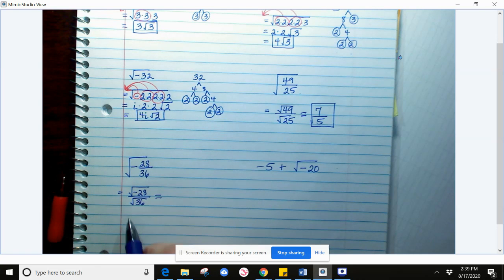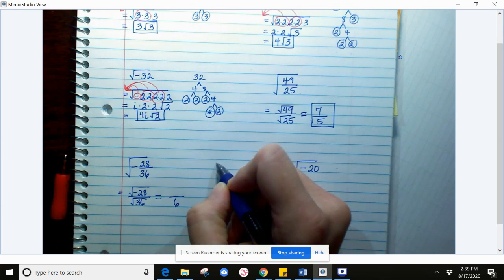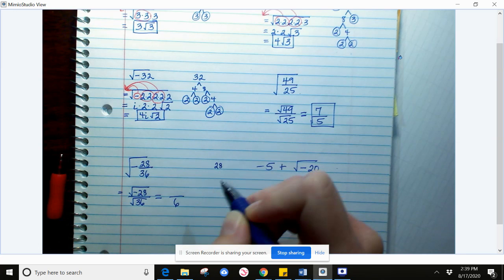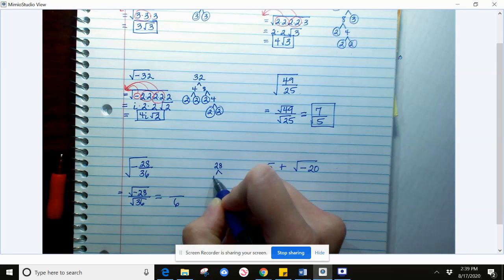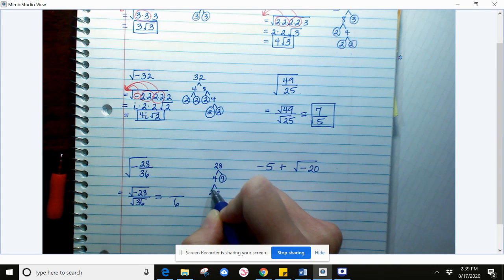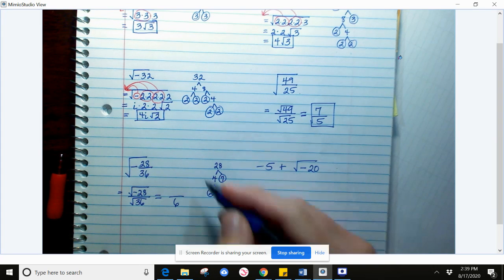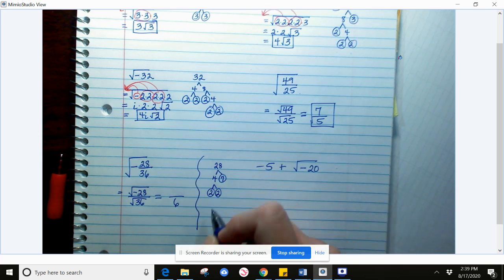All right, but when I look at this, the bottom is looking good. It's a 6. The top, I got to do some work. So let's do a little bit of work on that. The square root of a negative 28. Let's see. 4 and 7 sound good. And then we've got a set of 2's. All right, now I'm doing kind of like a little detour work over here.